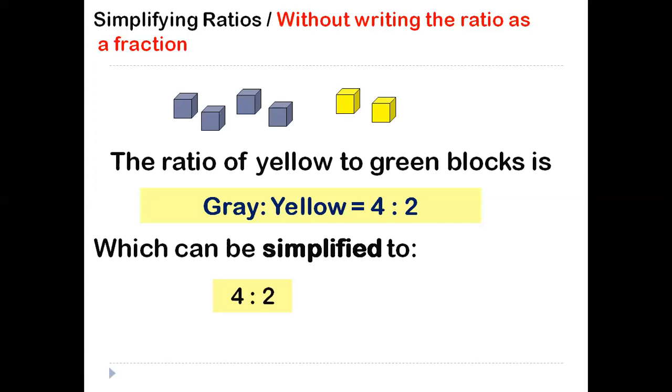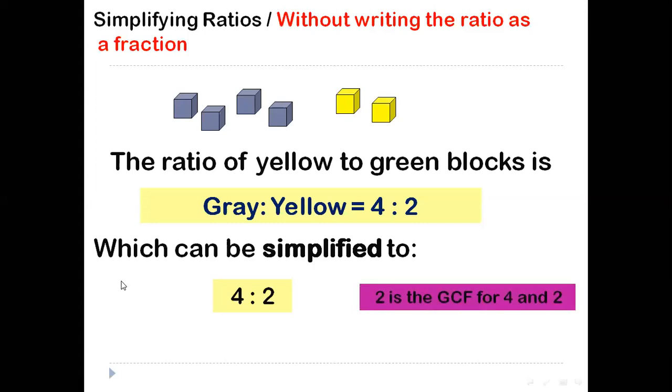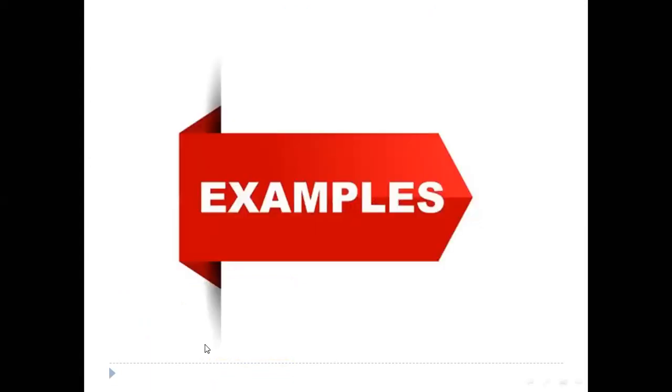So the common factor between 4 and 2 is 2. So look, we're going to divide 4 by the 2, and we divide 2 by the 2. 4 divided by 2 is 2. 2 divided by 2 is 1. So this is the simplest form.